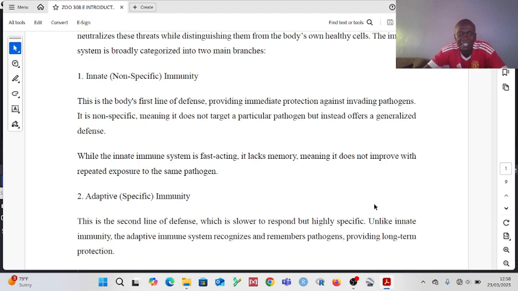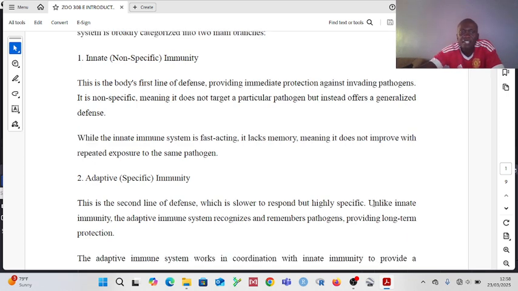It acts very fast because it's already there. But it does not have memory. So it does not remember that your body was once exposed to a particular pathogen, when that pathogen comes and tries to invade your body again. So it does not have that memory.